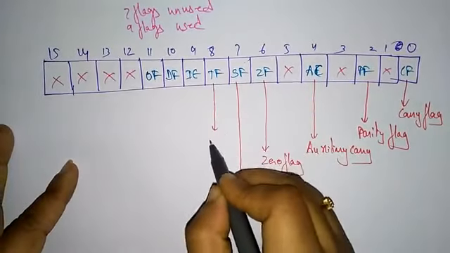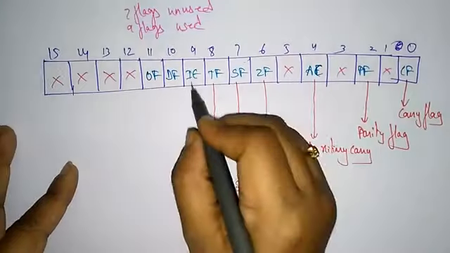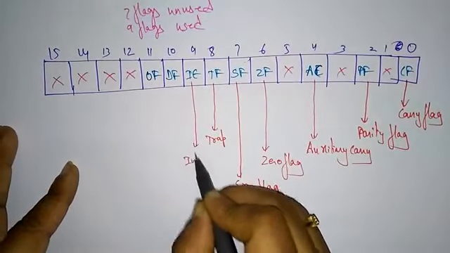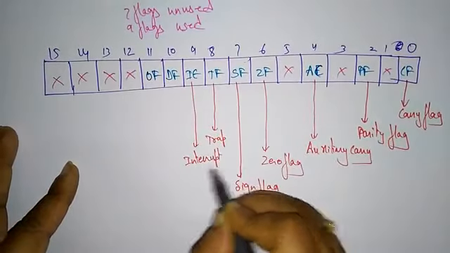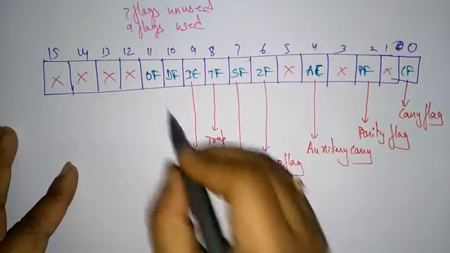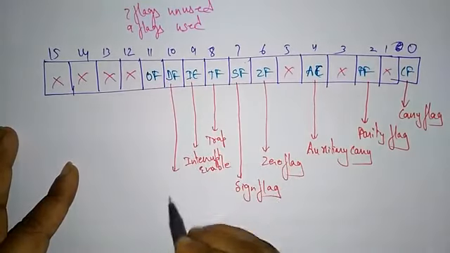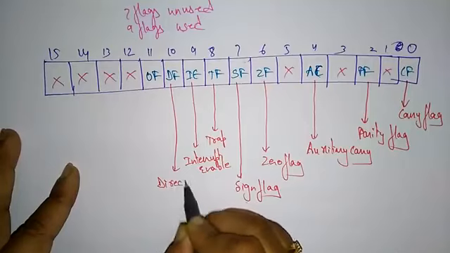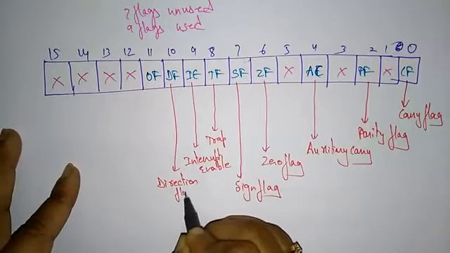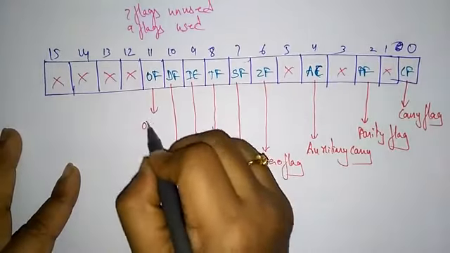And coming to here, trap, interrupt enable, and this is direction flag, and this is overflow flag.